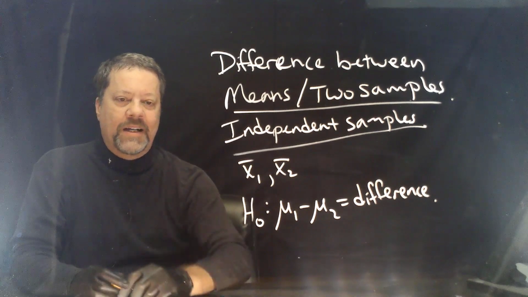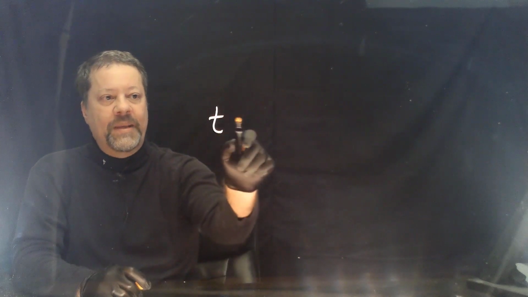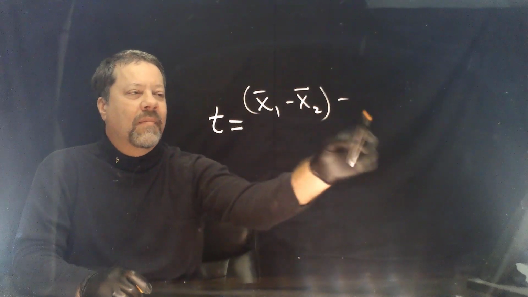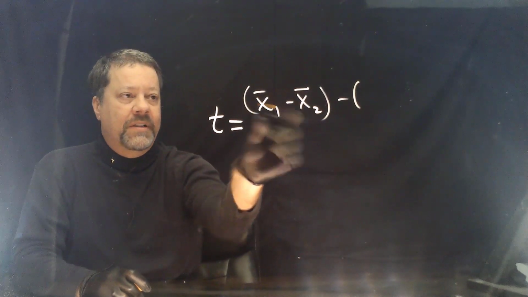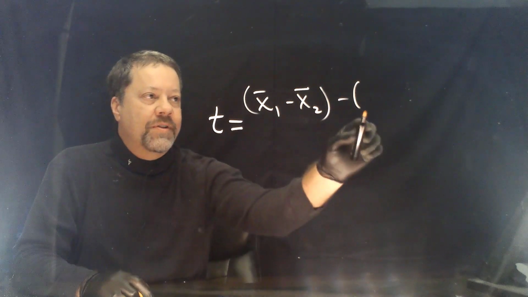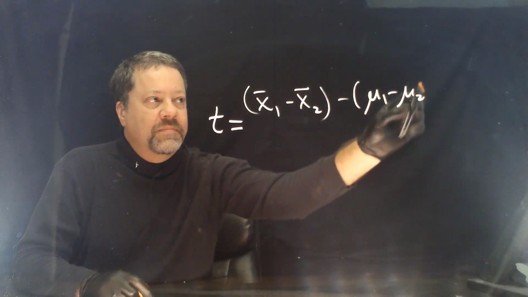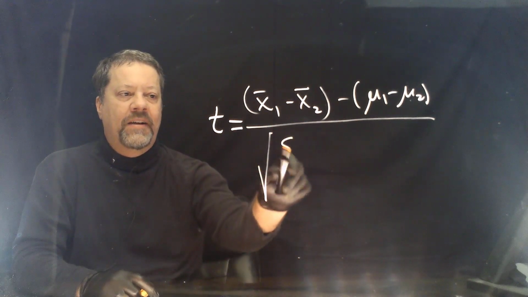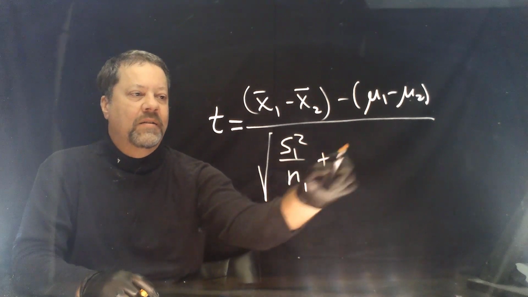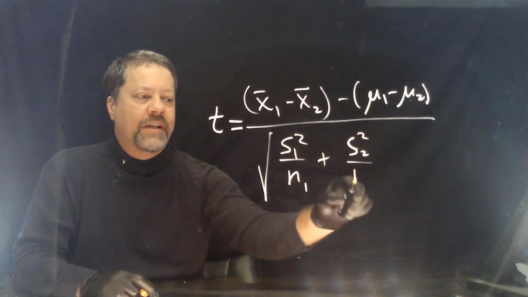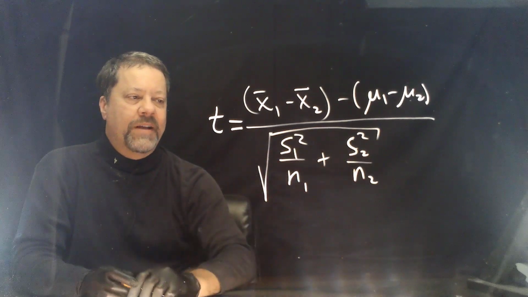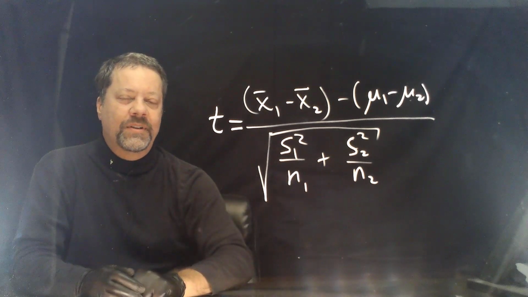And of course, there are 3 possible alternative hypotheses. The test statistic will be a t-score. We'll have the measured difference in the means from the sample versus the null hypothesis difference. And for our standard error, we'll have s1 squared over n1 plus s2 squared over n2.